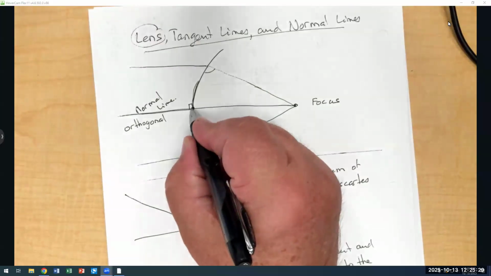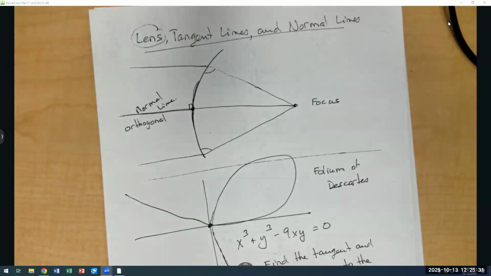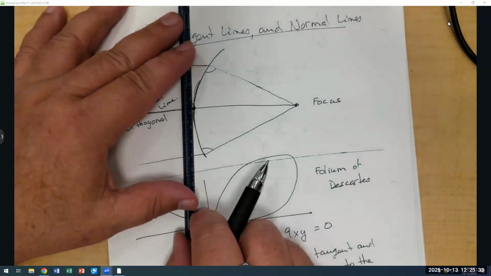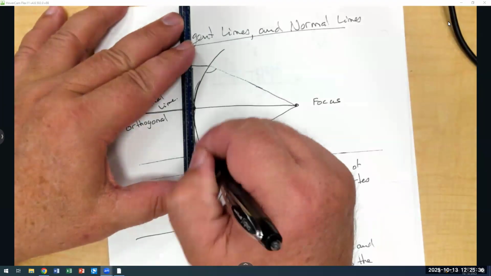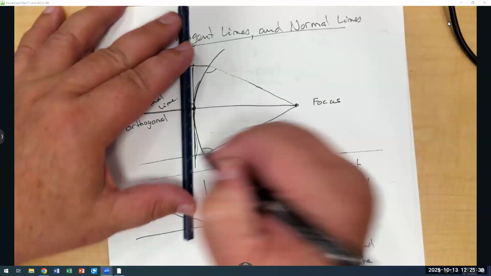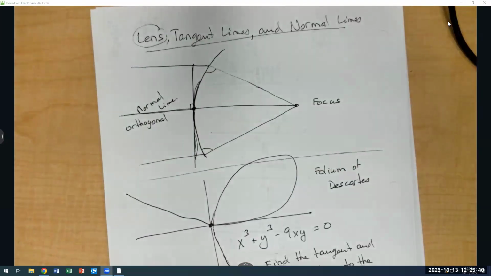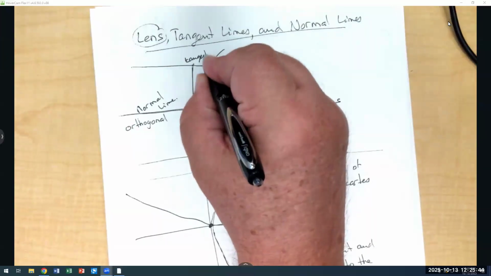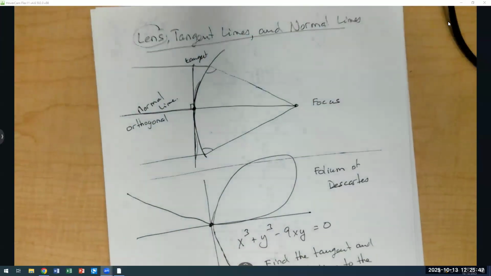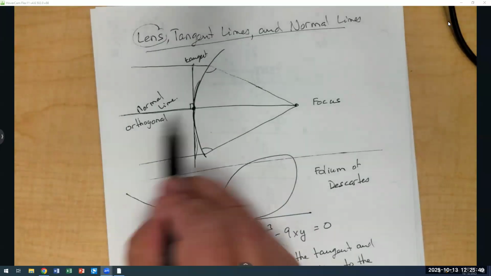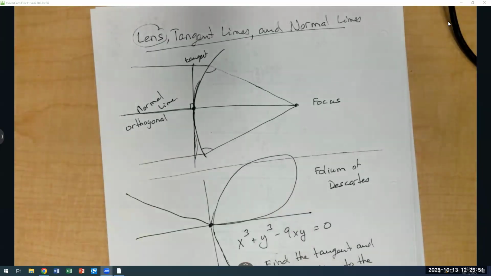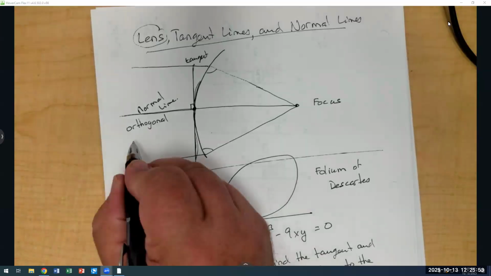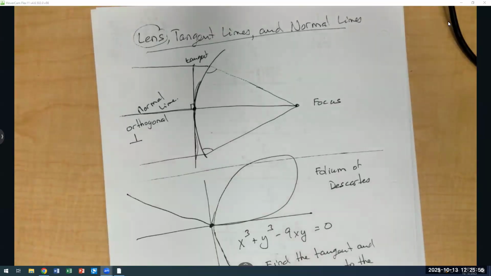So if this is our point there, this is my tangent line to that lens. So the normal line is perpendicular to it. So these are perpendicular. This goes back to algebra.